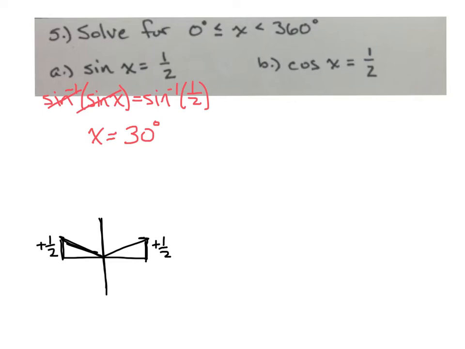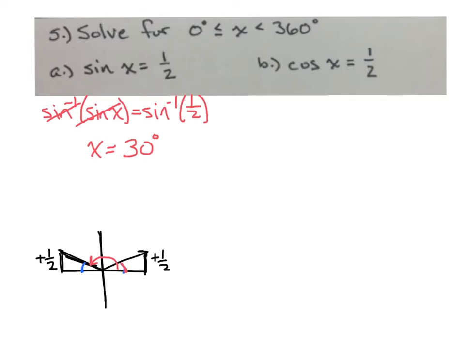So these two angles would have to be the same. They're two reference angles. This 30-degree angle would have to be the same as that 30-degree angle. But the other x value that we're thinking of beyond this 30 degrees is going to be this angle, which is 150 degrees. And there's our two angles.